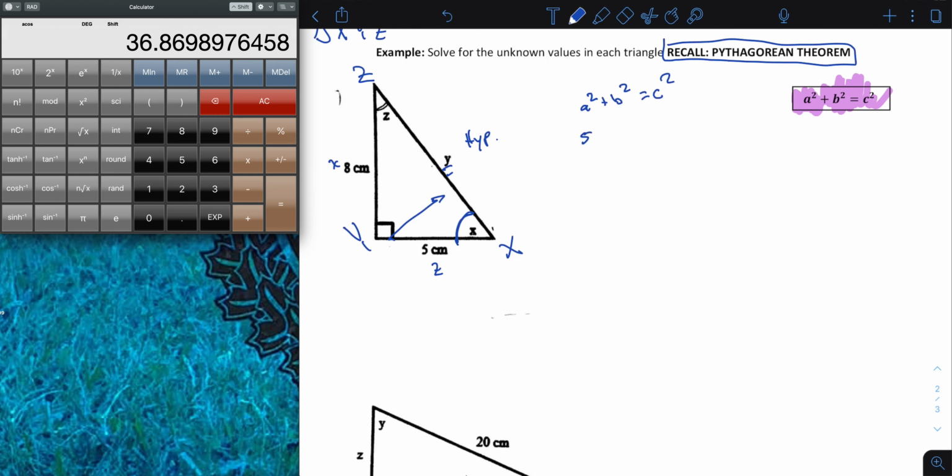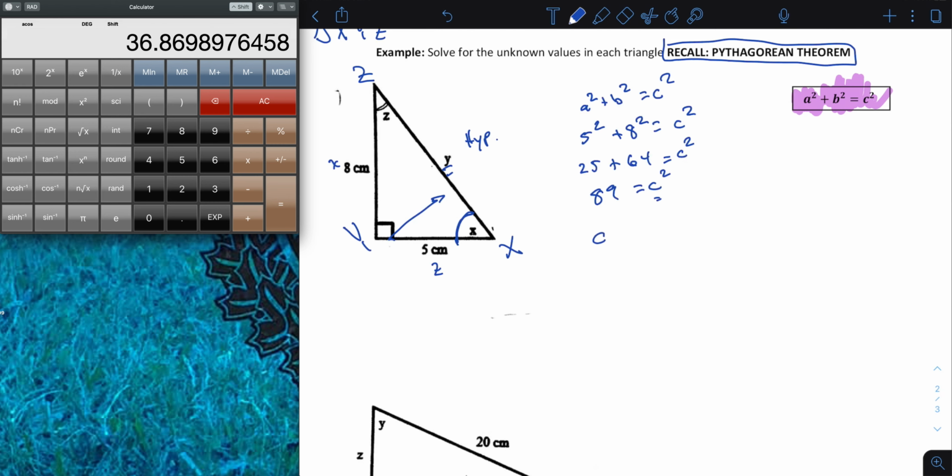So 5 squared plus 8 squared should equal c squared. 25 plus 64 is equal to c squared. Okay, so then we're going to get 89 is equal to c squared. And then what you have to do is just get c by itself.